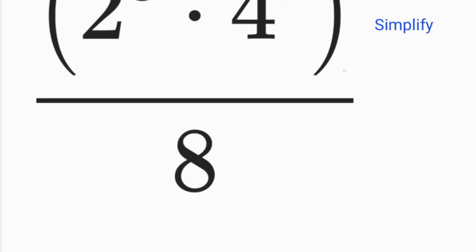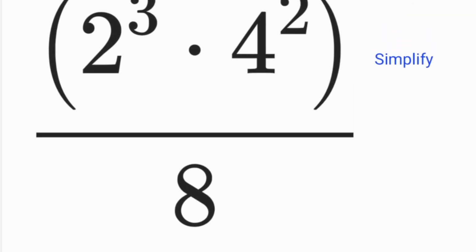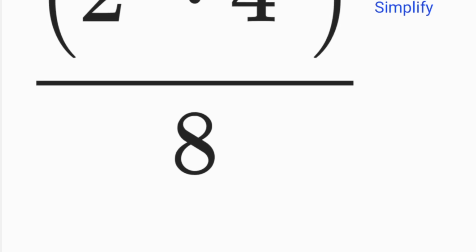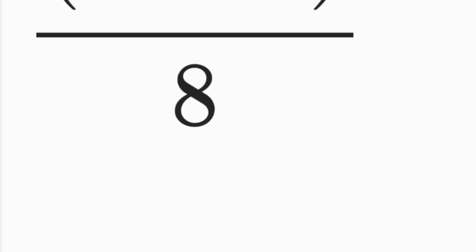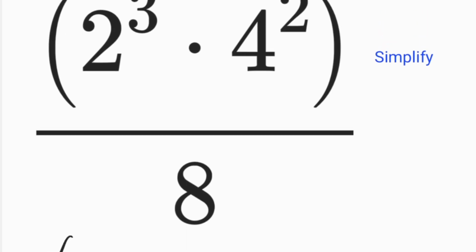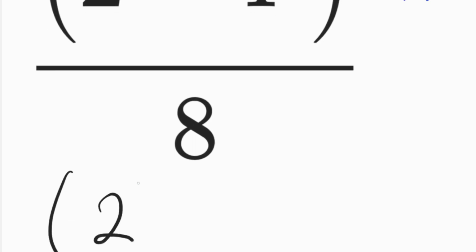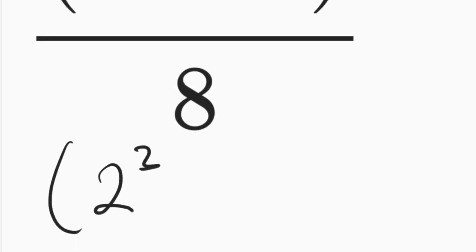So let's proceed. We're still going to have the brackets, because we have to do what is in the bracket first, according to BODMAS or PEMDAS, right? I have open brackets, 2 to the third power.